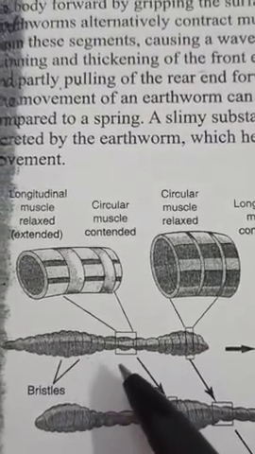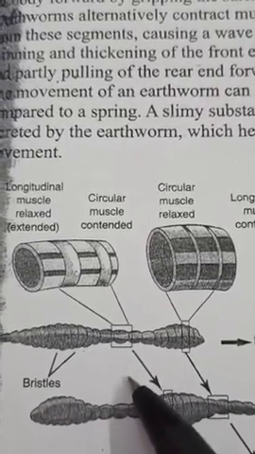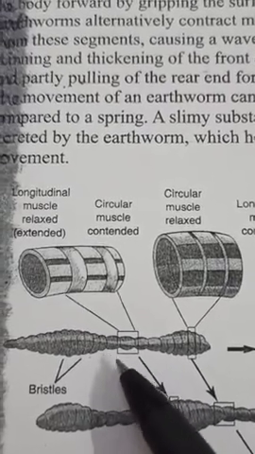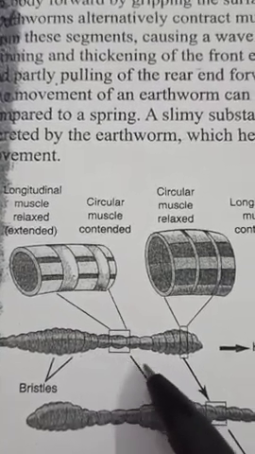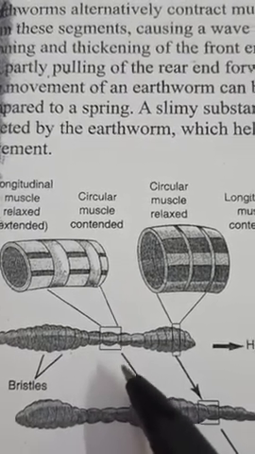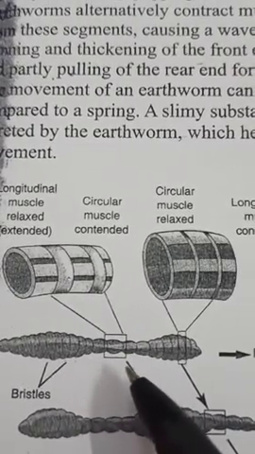That's why earthworms come out during the rainy season only, because water is present and earthworm can't move on the dry surface.